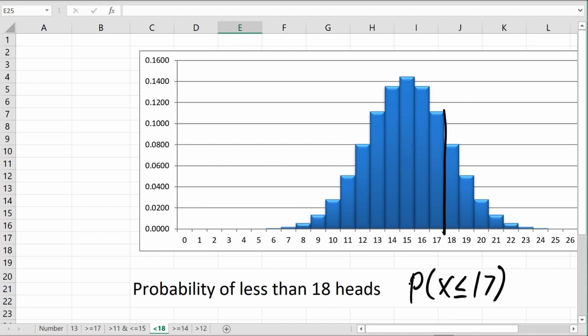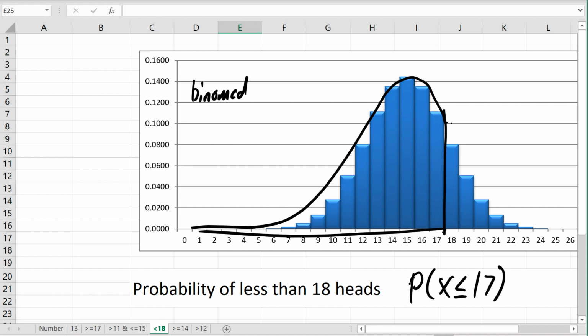So that's all of these. To find that, all we would have to do is find the BinomialCDF, 30, 0.5, and 17. We don't need to subtract it from 1 because we're looking in the less than direction. The less than direction is what the BinomialCDF function finds. It finds a number of successes or fewer.